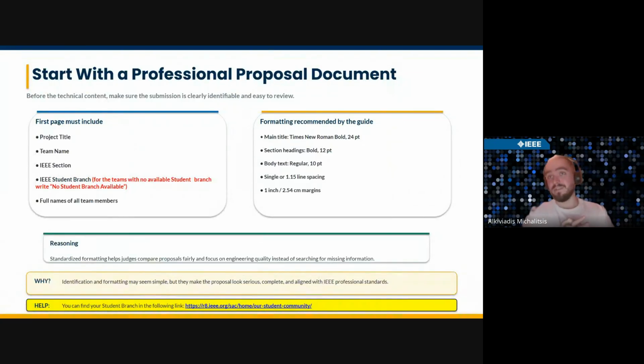And of course, very specific to all the submissions that you will do in the future, write the full names of all the team members, and they must match the team you submitted in the first step of registering for this contest. It's very important for us to see that all the team members you submitted in the contest are described and written in your proposals, because we want to see all the people who worked equally, and we want to see the same number of people.